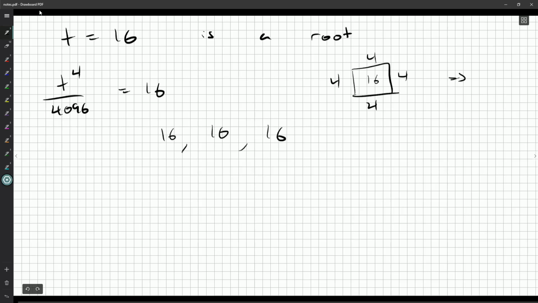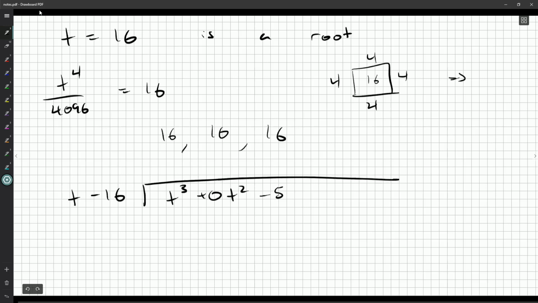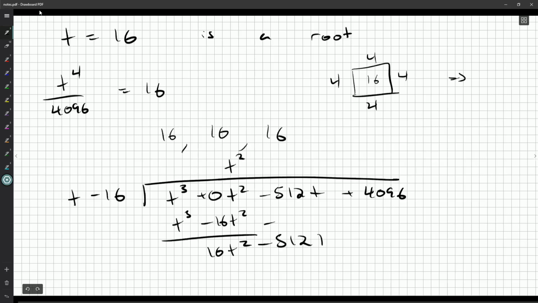Okay, but if 16 is a root, we should be able to factor it out. So we get t cubed, 0t squared, minus 512t plus 4096. So t cubed minus 16t squared. 16t squared, bring down the 512t.